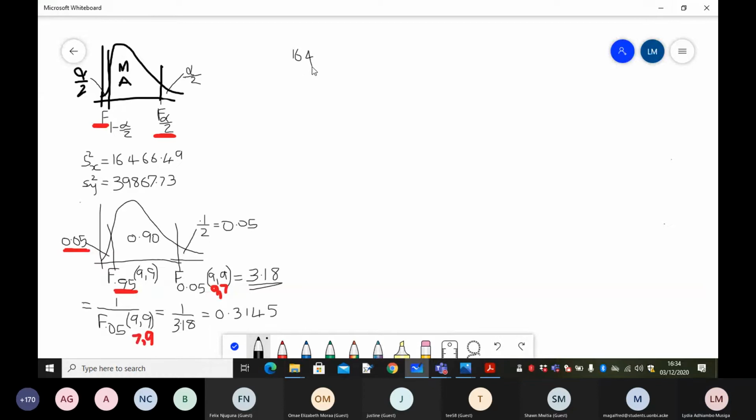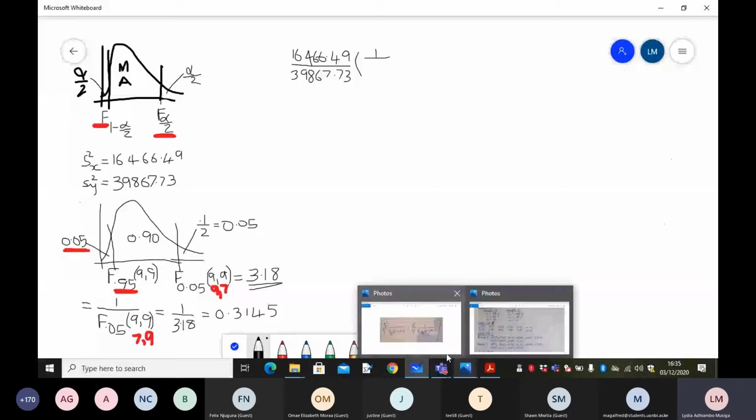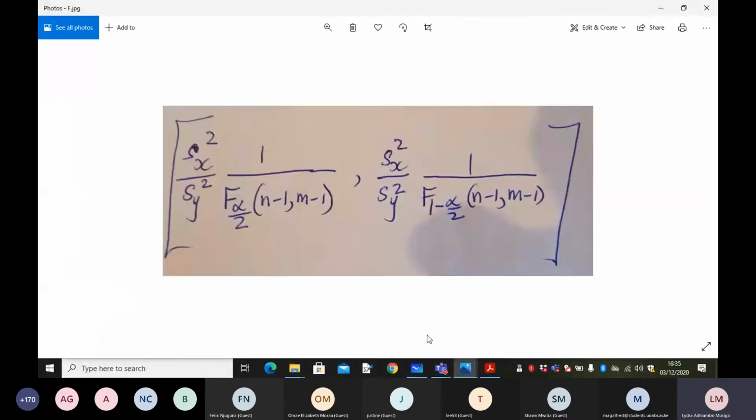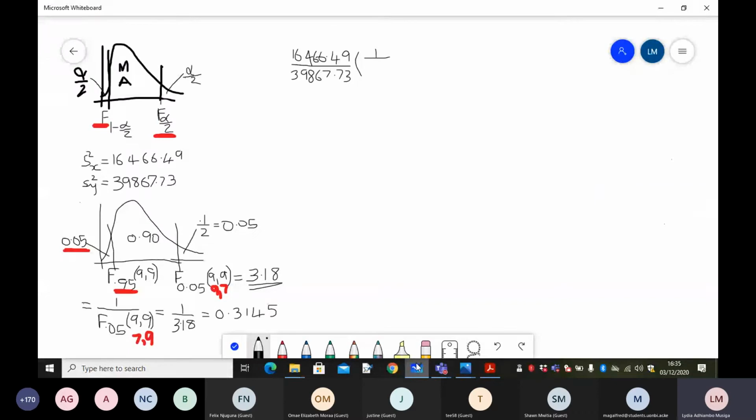16,466.49. That is Sx squared over Sy squared, 3986.73, and then we need to multiply that by 1 over F alpha over 2, which is 3.18.